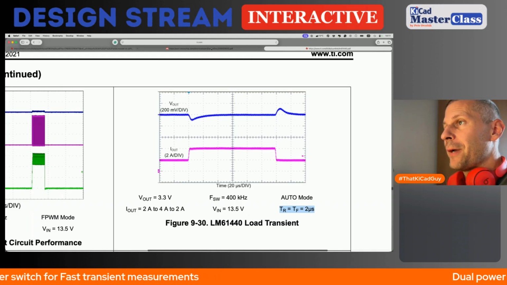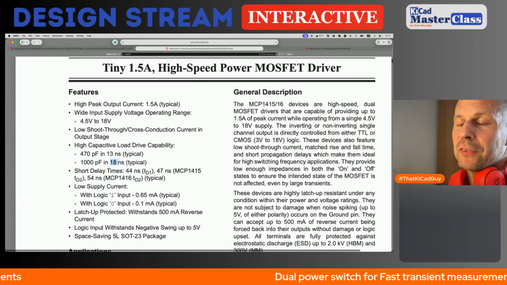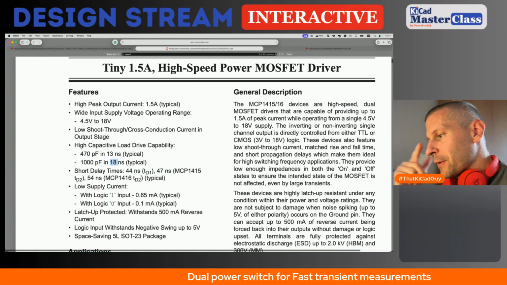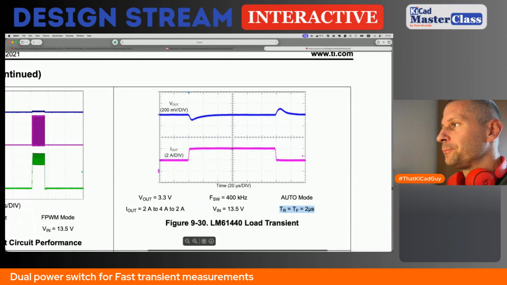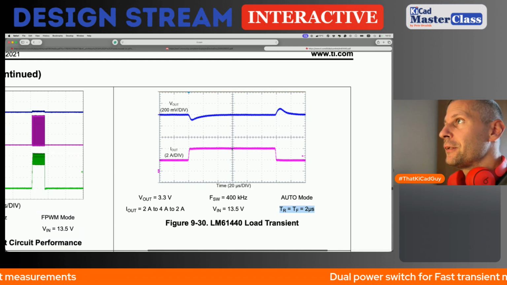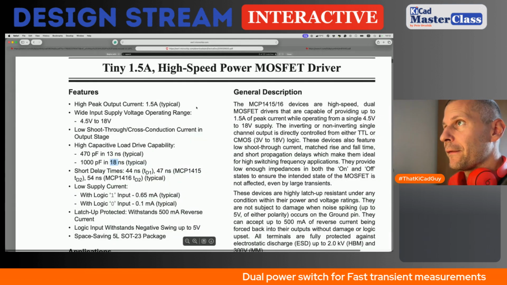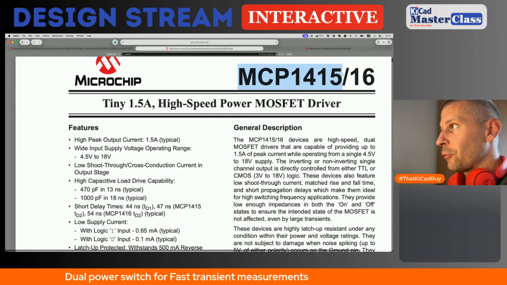And back to the gate driver, you can see that we are talking about tens of nanoseconds. So we are two orders of magnitude below the considered time. So we will be good to go with a MOSFET driver like this, MCP1415 or 1416.